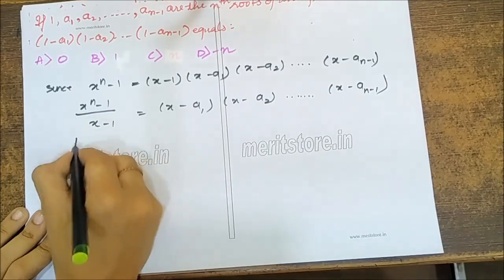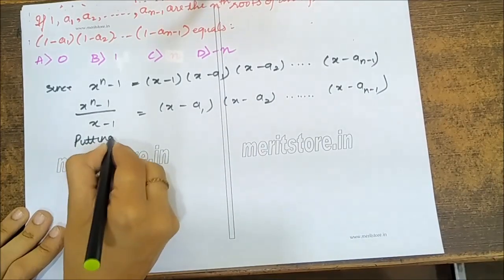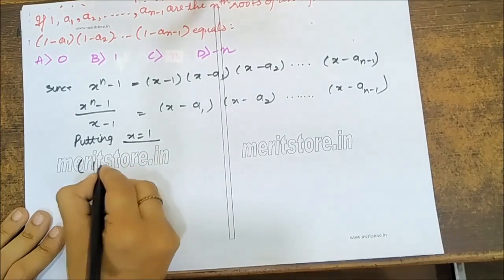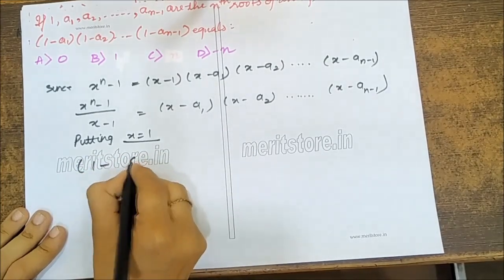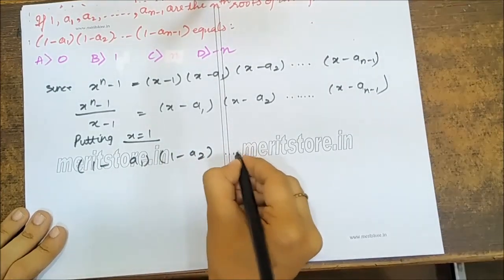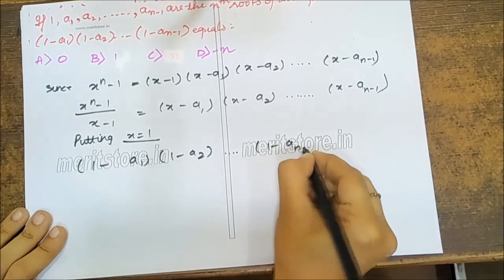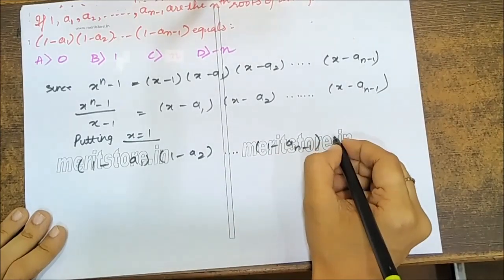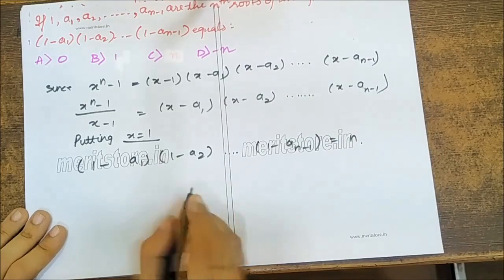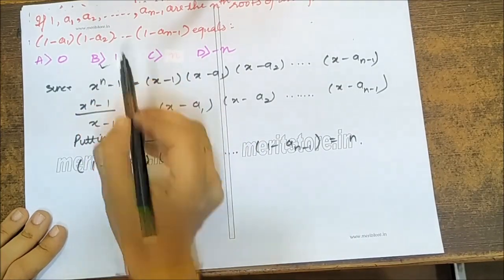So putting x is equal to 1, you get 1 minus a1, 1 minus a2 till the extent of 1 minus an minus 1 equal to n.